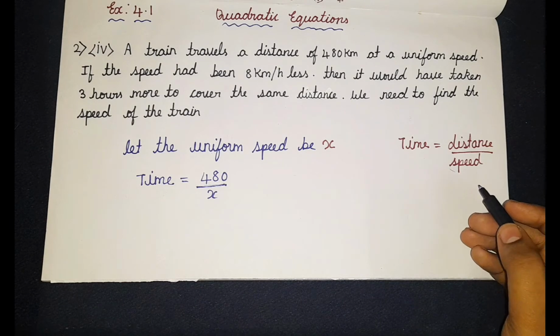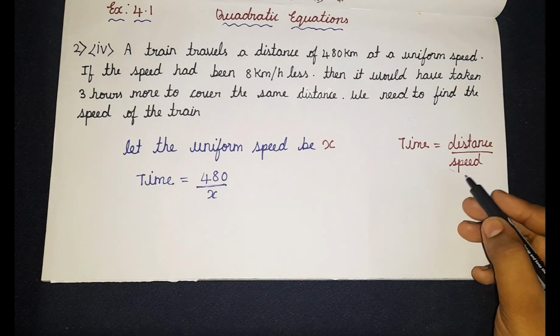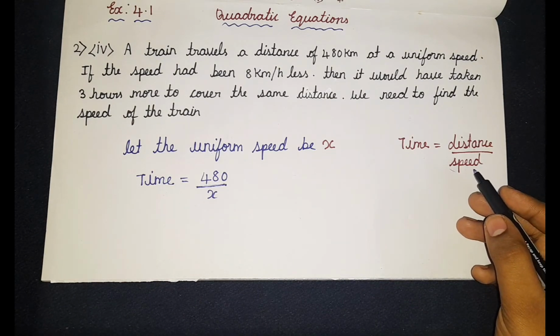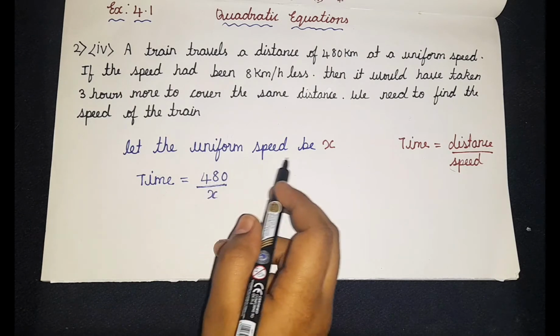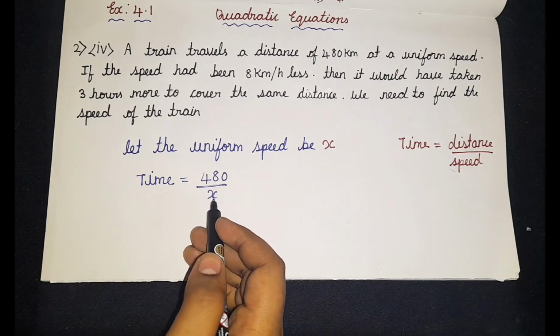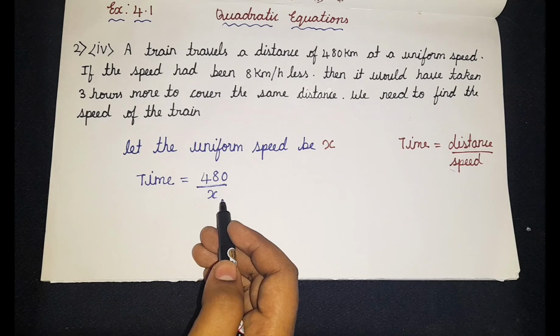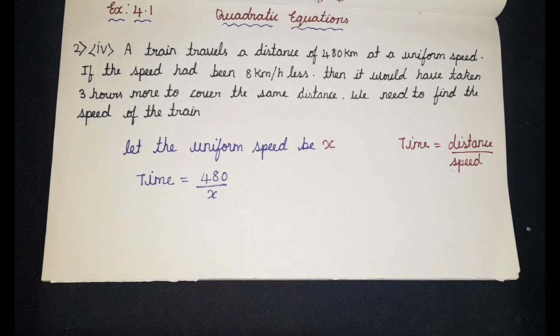Don't get confused between uniform speed and this speed. This is a formula, where they mention speed, but according to the question it is the uniform speed, which we took as x. So we can just take x as it is. Why? Because uniform speed is x. Don't get confused in this.